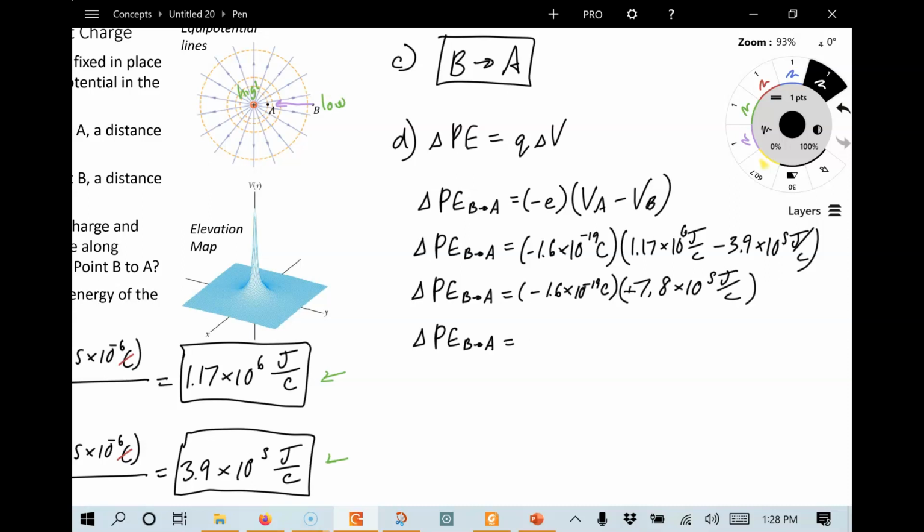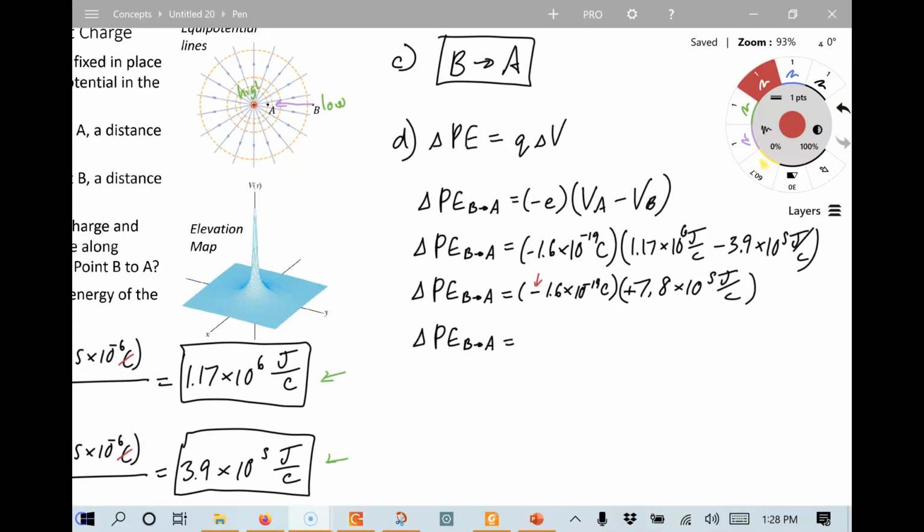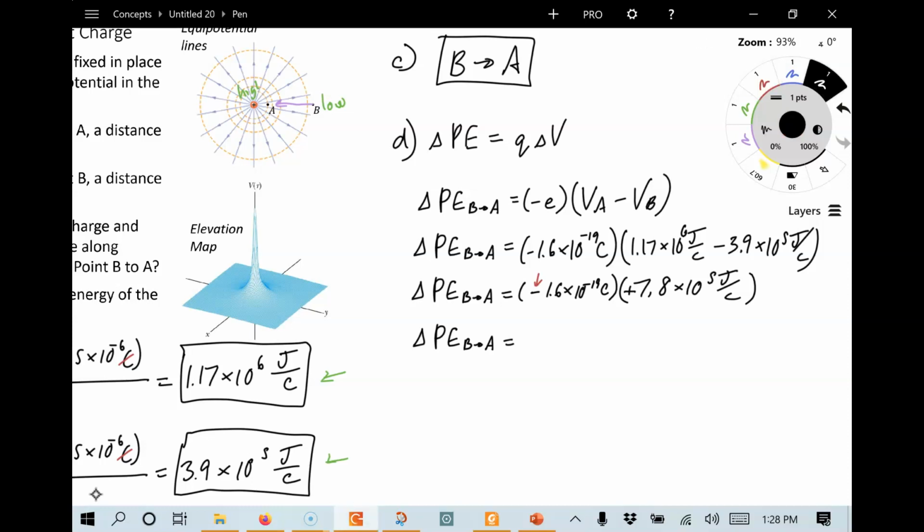In other words, this is an increase, delta V in this case. But when we multiply by the negative charge, we see that we're going to get a decrease in the potential energy. Putting that into the calculator, we get an answer, negative 1.25 times 10 to the minus 13th joules. Again, we cancel our coulombs there. So it's a small decrease because this electron's a tiny thing.